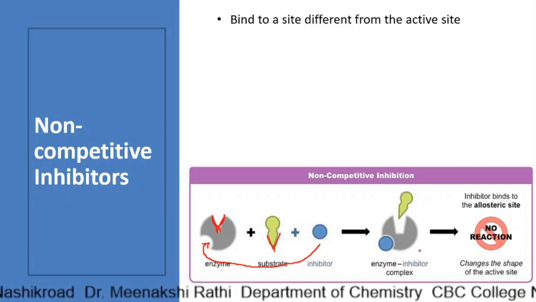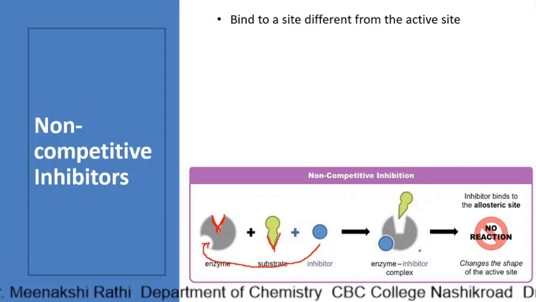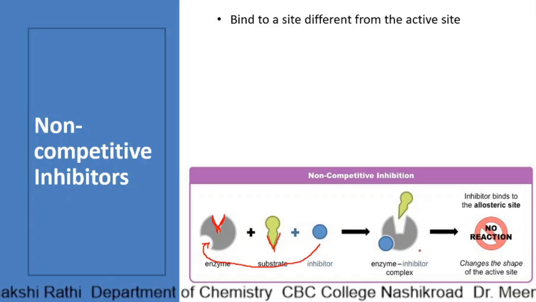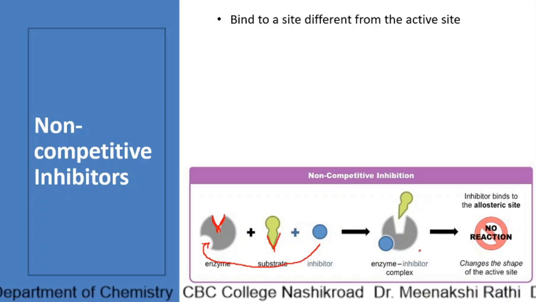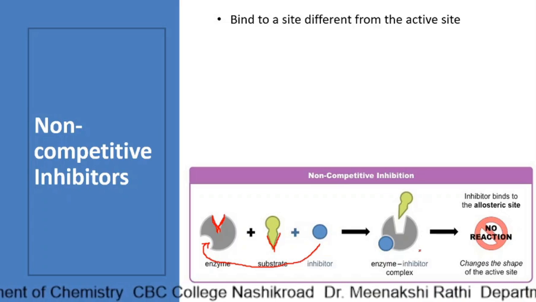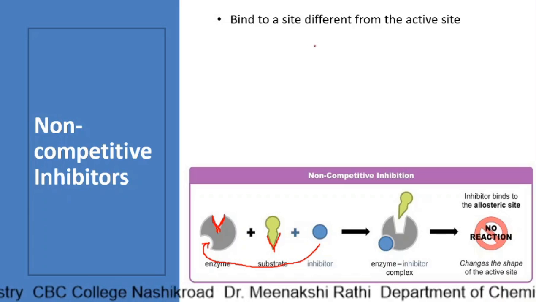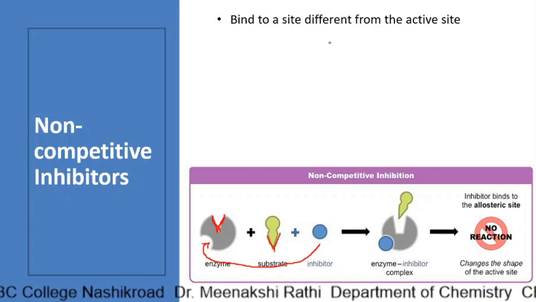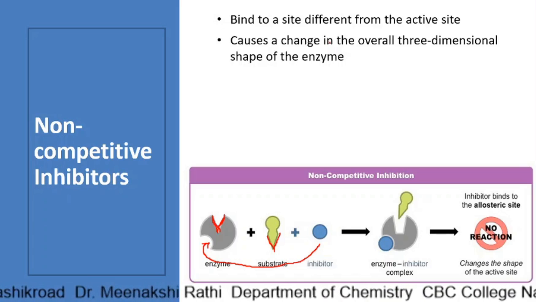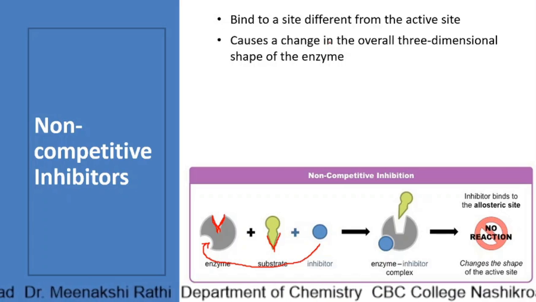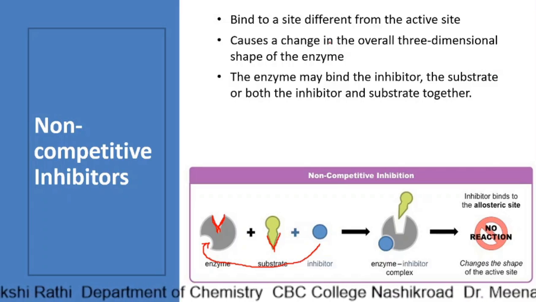So, as per the name, there is no competition between the substrate and inhibitor, which we have seen in competitive inhibition, because here the inhibitor binds to a site different from the active site, and when it binds to the other site, it causes a change in the overall three-dimensional shape of the enzyme.